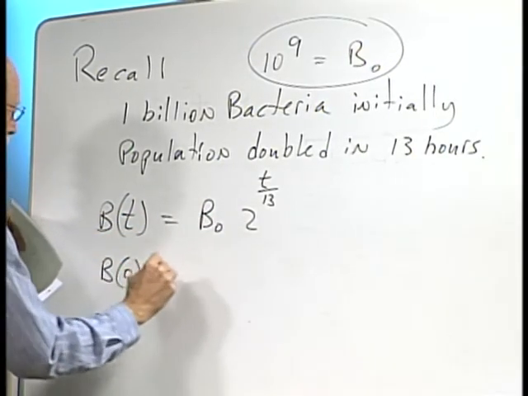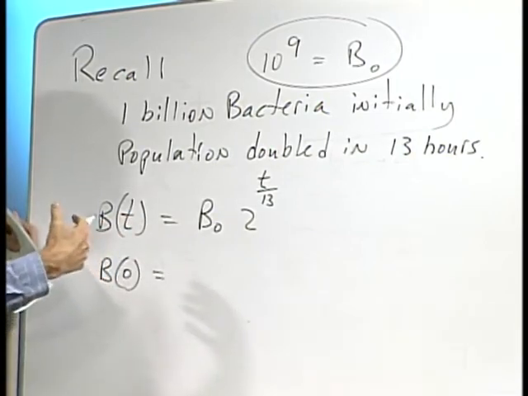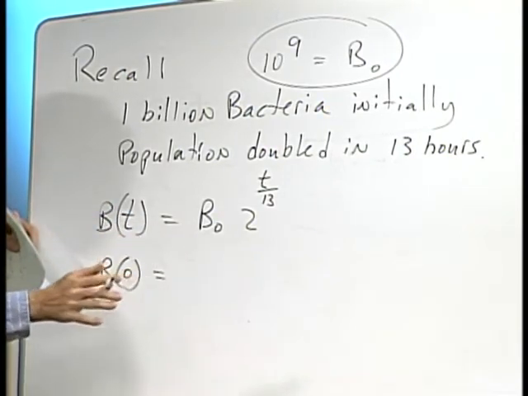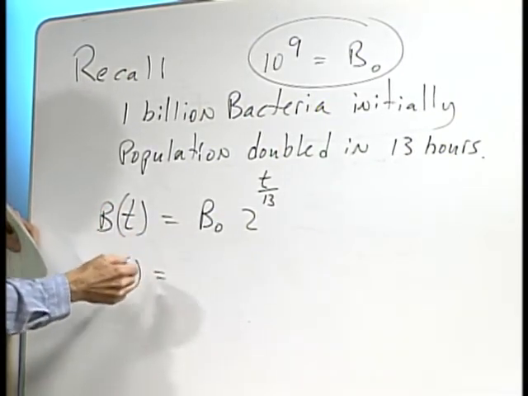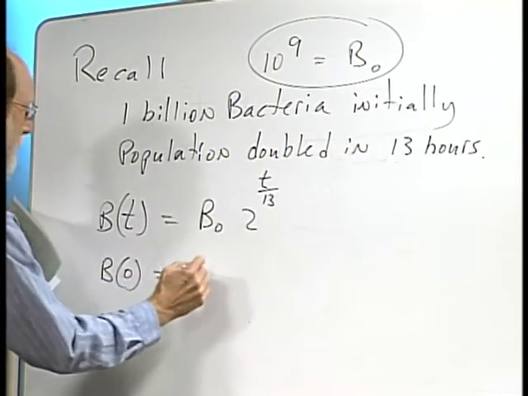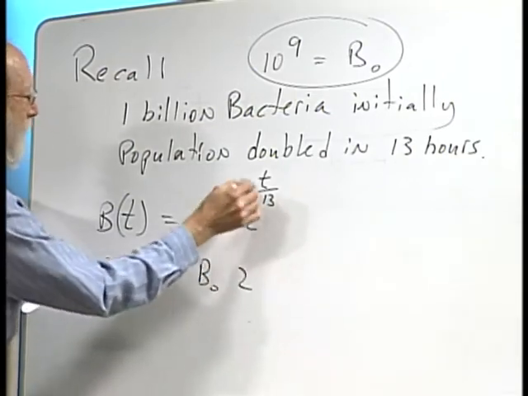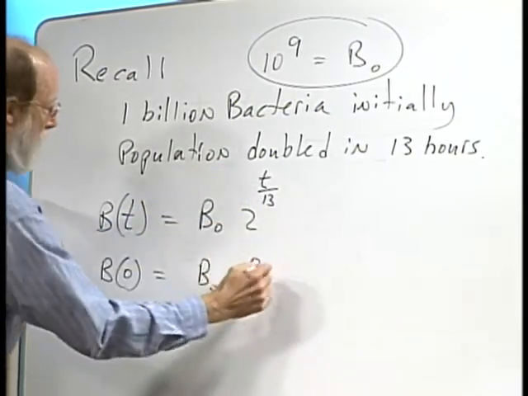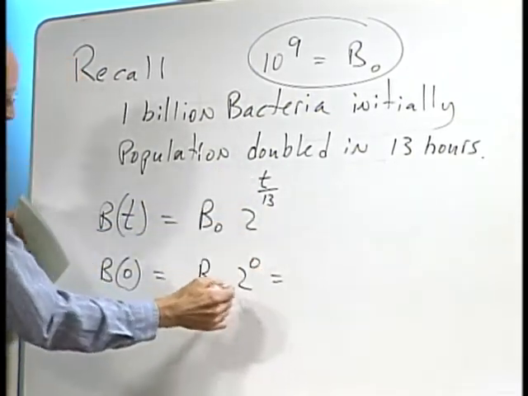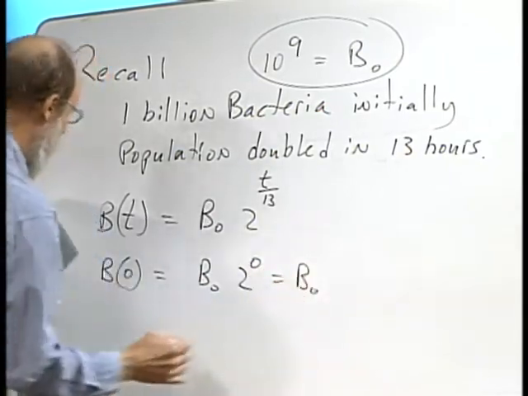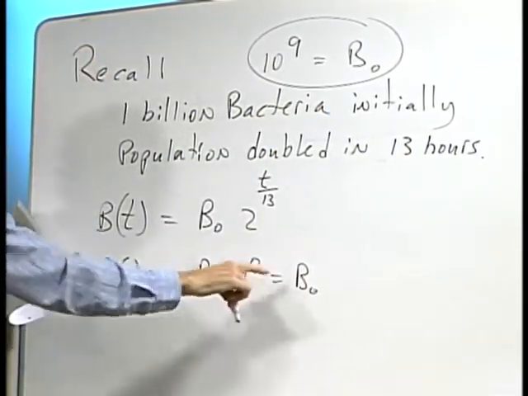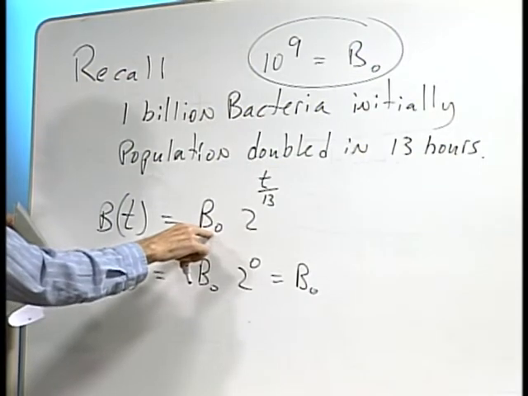If we put in 0 for time, that means that'd be the start of our experiment. With 0 in for time, then we have the initial population here times 2 raised to the 0 power. And that turns obviously to 1, and so we end up with that initial value B naught, which you see right here in the model.